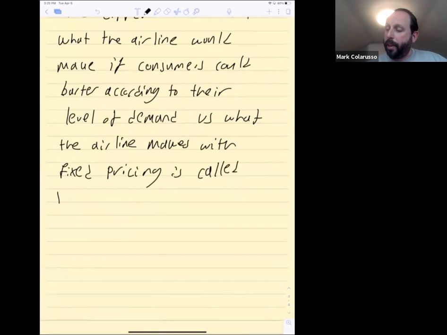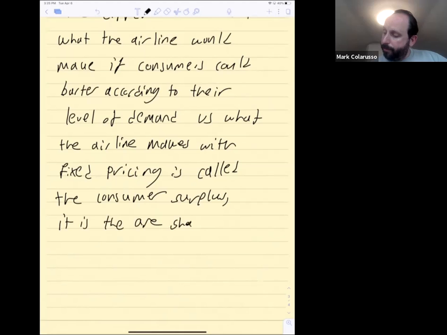That's supposed to be what the consumer is getting out of having a modern fixed price economy versus a barter on demand economy. It is the area shaded in blue above.